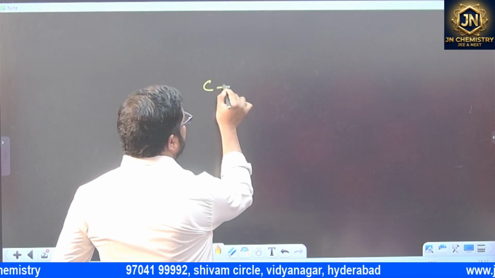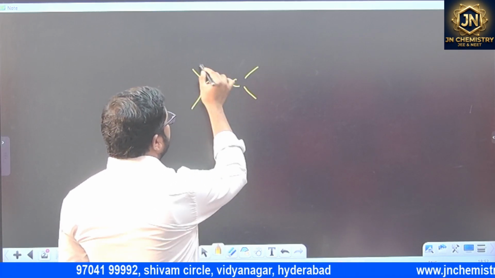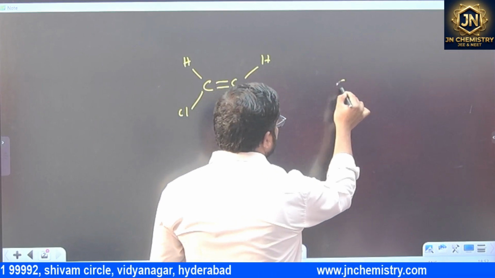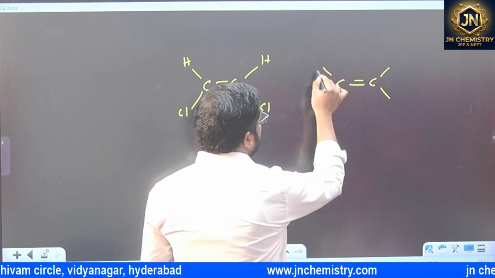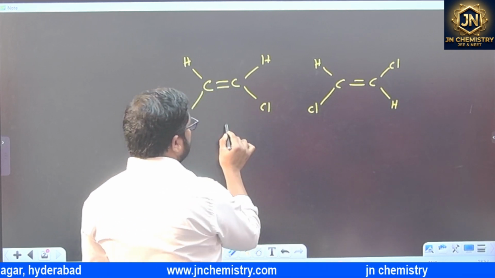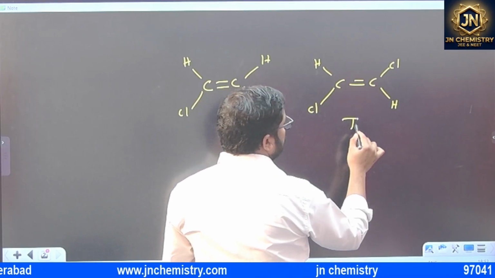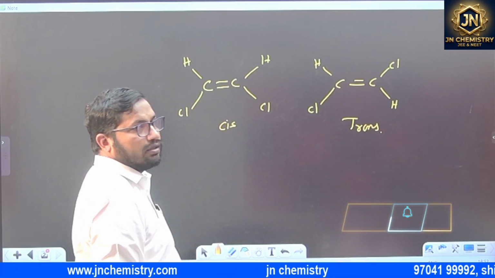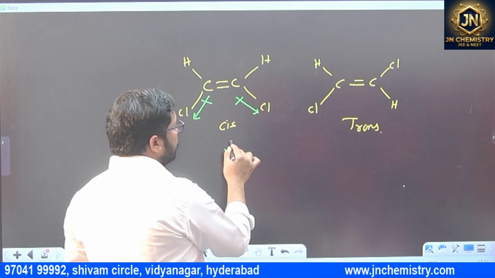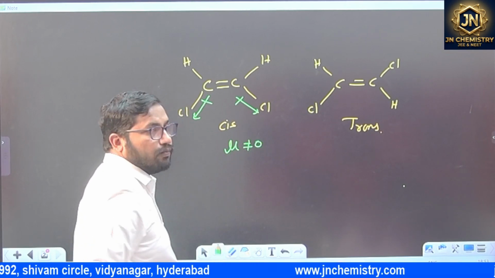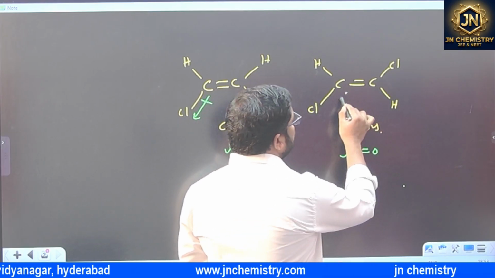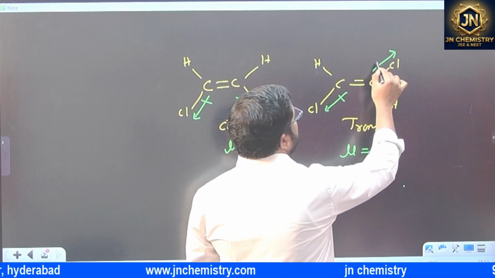In the case of cis and trans, which has the higher boiling point? This is cis, this is trans. Which has the higher boiling point? In the cis case, the dipole moment is not equal to 0, whereas in the trans case the dipole moment equals 0 because both are in opposite directions.